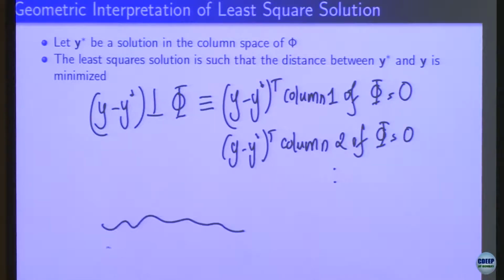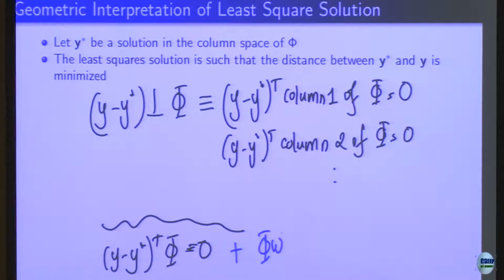So I might as well write y minus y star transpose the entire matrix phi equals 0, because this operation is going to take the dot product with every column of phi and make each of them 0. This is a vector equation, and this other requirement, that phi w star equals y star.